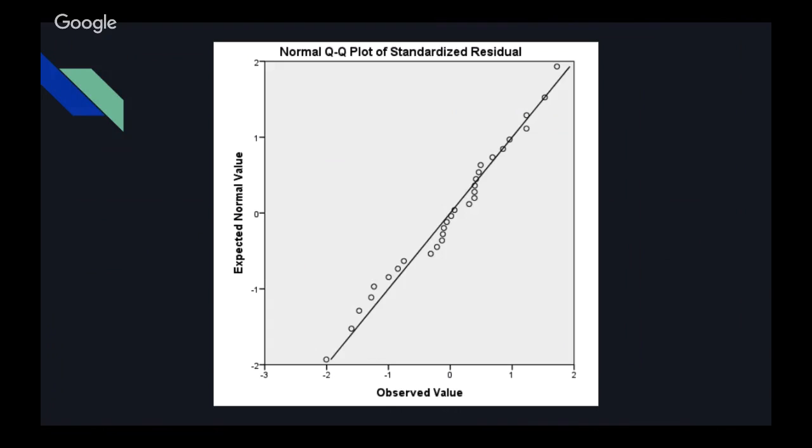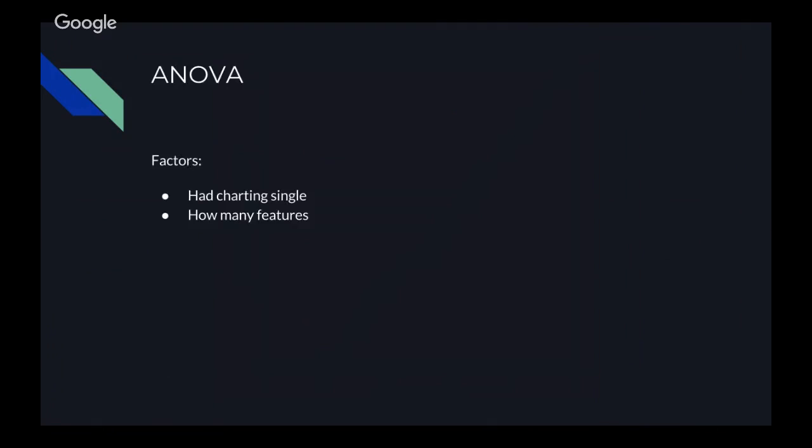Overall, our model is not that great to predict album sales because it's not a great fit based on the assumptions. So we're going to look at ANOVA.